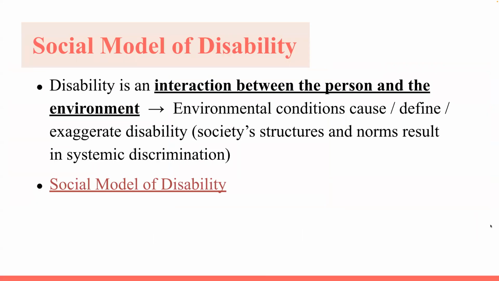And then we have the social model of disability. The social model of disability believes that disability is an interaction between the person and the environment. And what they're saying is that disability isn't due to an impairment. We'll go into more detail about disability versus impairment in the next slide.